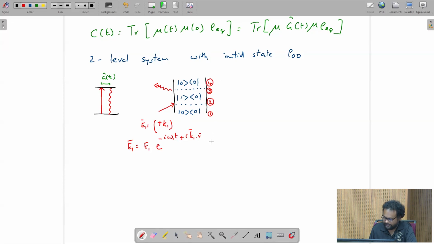If my electric field is this, then it's reasonable to assume the polarization is also going to look something like this.